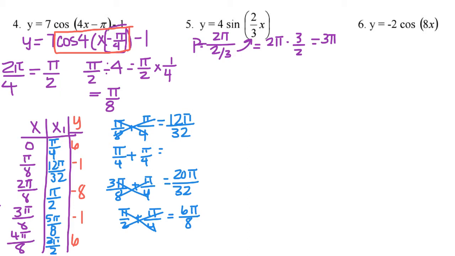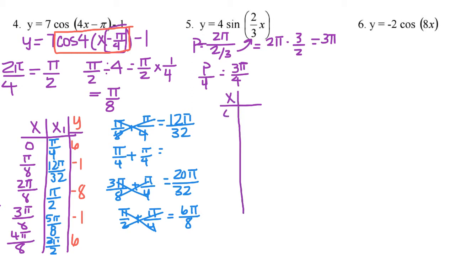Okay, so after we've gone through our 2 pi over b, and we've multiplied by our reciprocal, do remember to get those x values, we need to do our period over 4. So we're going to get 3 pi over 4. And so this time we don't have a phase shift, so we can go ahead and hopefully go through our x and y values.